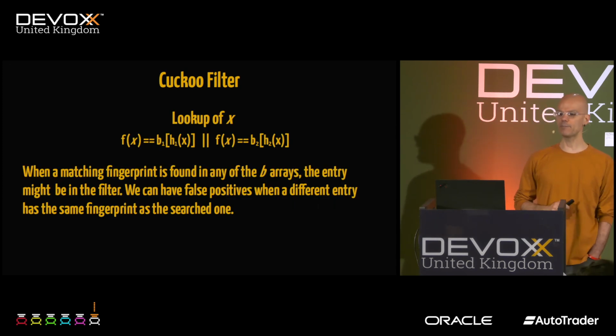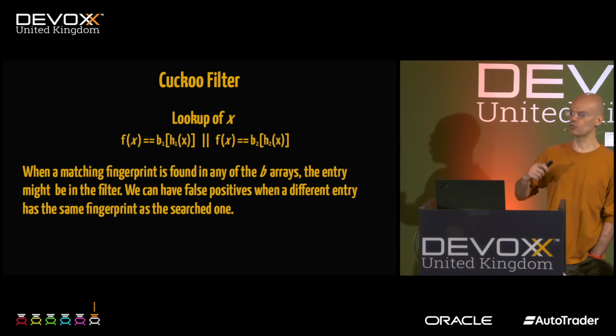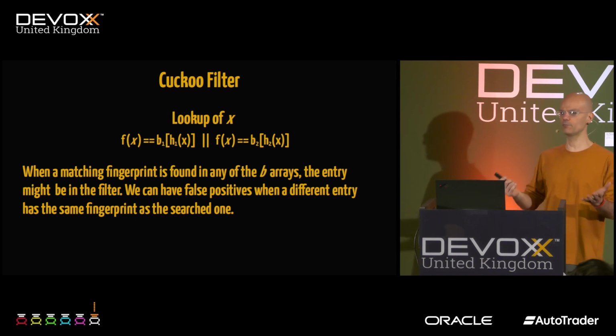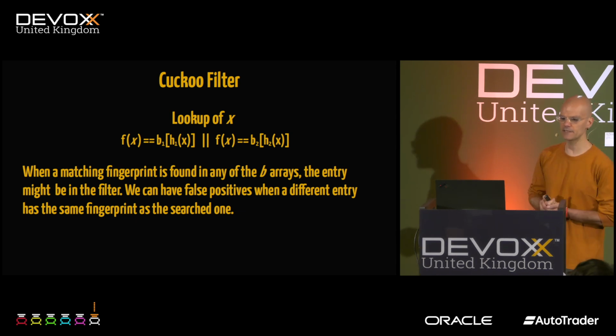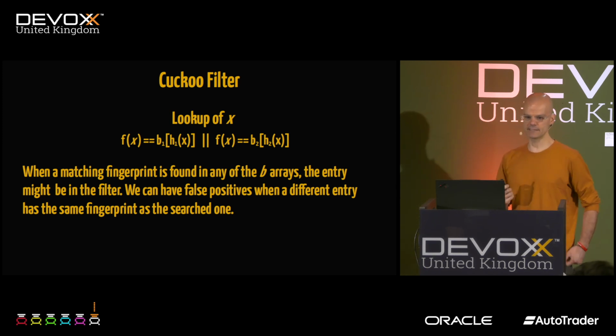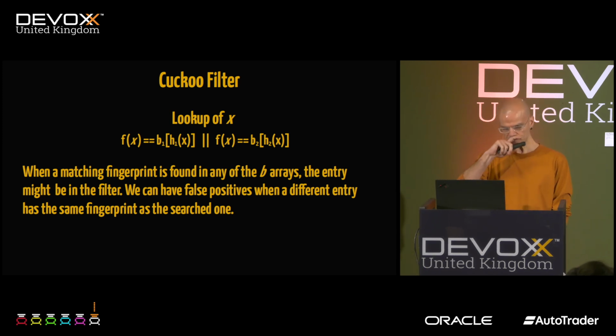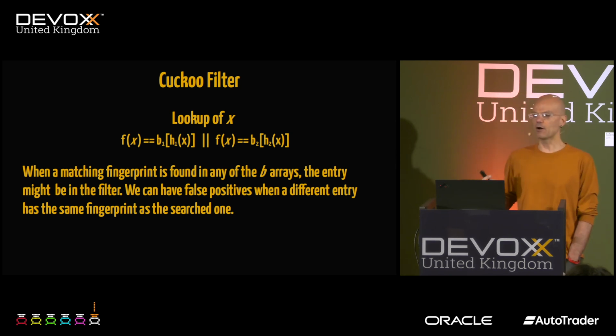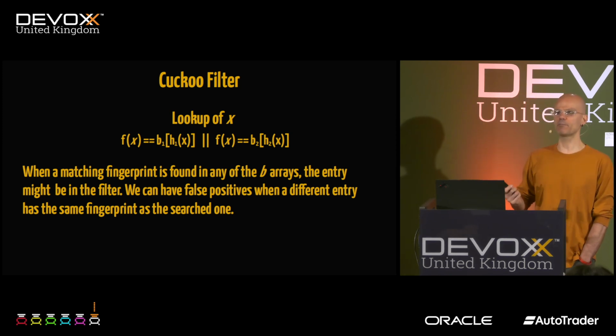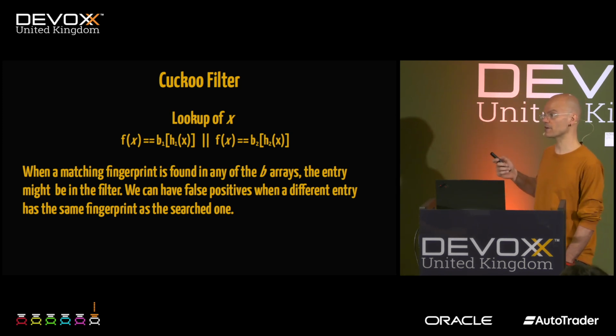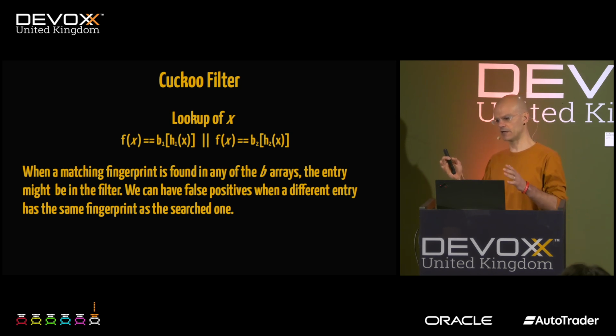So the lookup of x, which is exactly what we want from our probabilistic data structure, works like this: we check if the fingerprint is present in the locations that we map in the array. Now, what is the probabilistic part of this? It is that we store fingerprints. Fingerprints are a reduced size translation of the item.